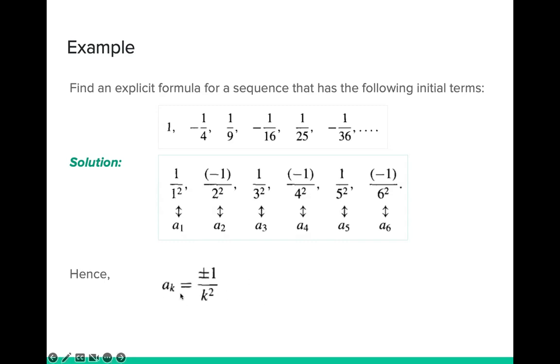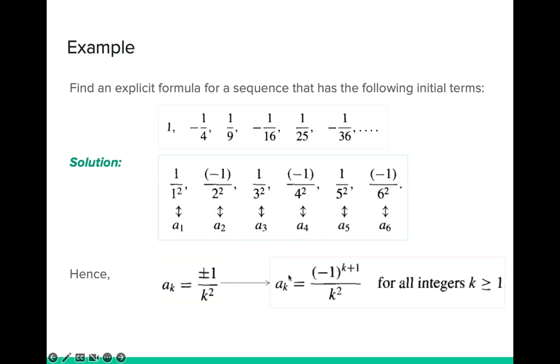Hence, we then have a formula a sub k equals plus or minus 1, because we can see that the sequence has an alternating, oscillating value between 1 and -1, divided by k squared, right?